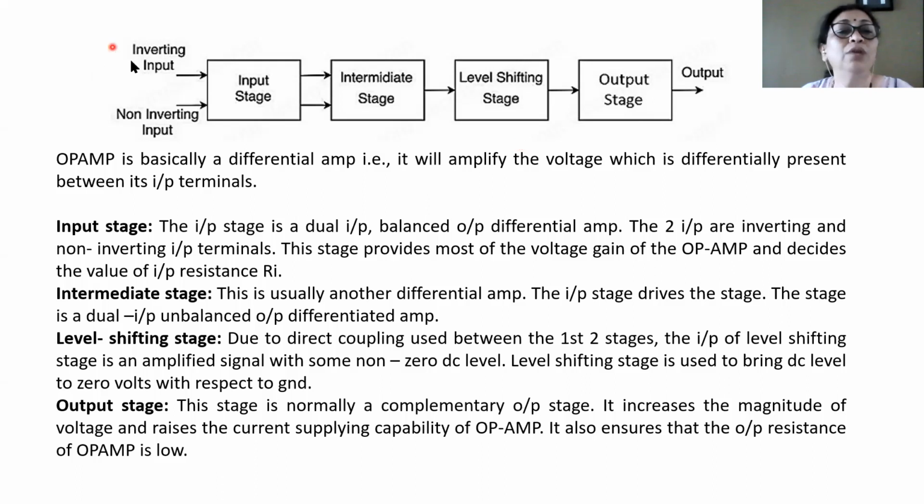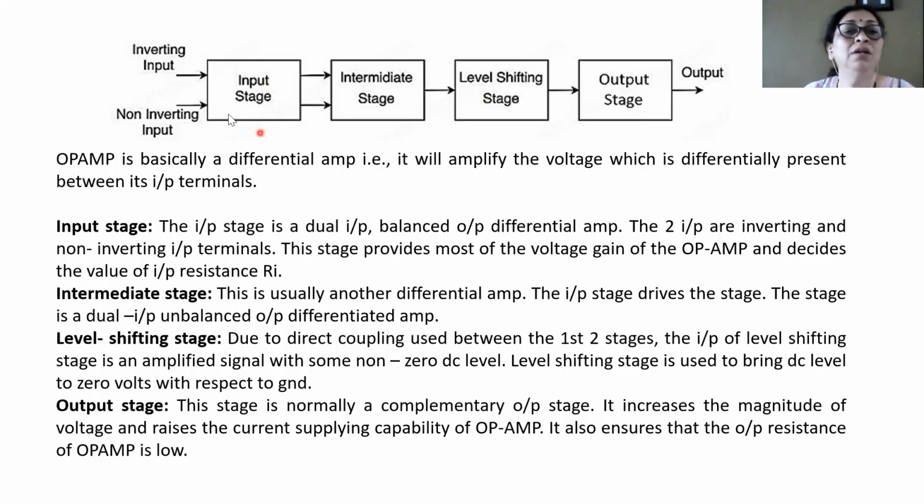So as you can observe, there are 4 stages in an operational amplifier. The first stage is called the input stage, the second stage is called the intermediate stage, the third stage is the level shifting stage, and the fourth stage is the output stage. Okay, so it is simple to remember: input stage, intermediate stage, only the level shifting stage is different for you, and output stage.